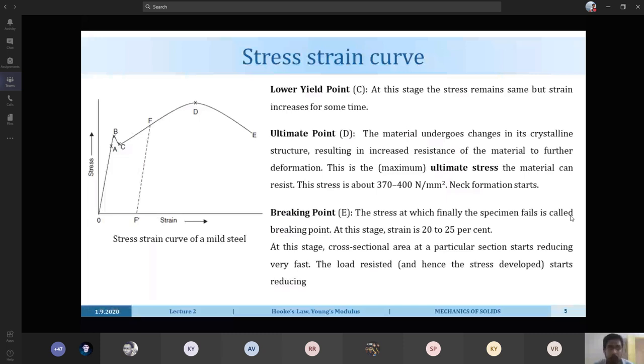Here the stress remains the same, but again the strain increases for some time. Even without applying more load, we can see that there is an increase in the strain. Usually it is shown here as a lower point, but in some textbooks BC is shown as a straight line. And this region is called the plasticity curve.